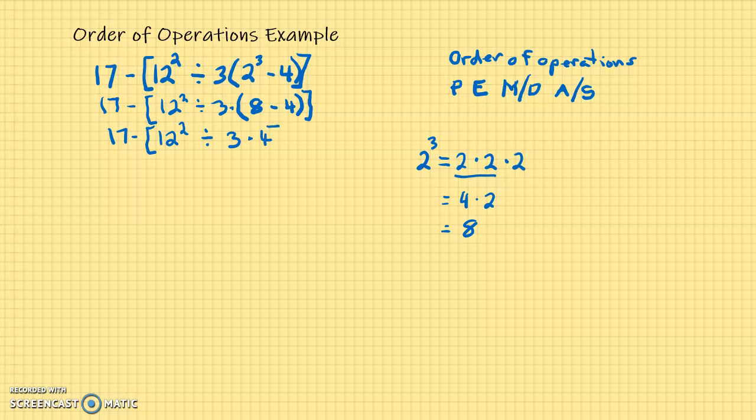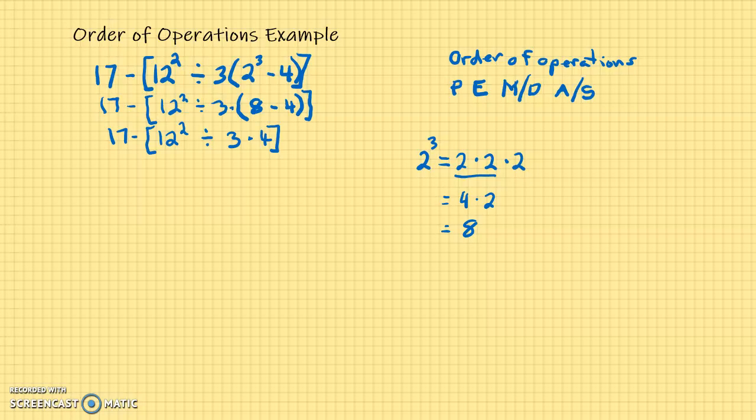The reason why I chose this example is because a lot of people are really tempted to multiply 3 and 4, but you don't do that yet. In fact, you don't multiply 3 and 4 at all in this example. Let's continue, and I'll show you why. We're going to go through all the steps really carefully.